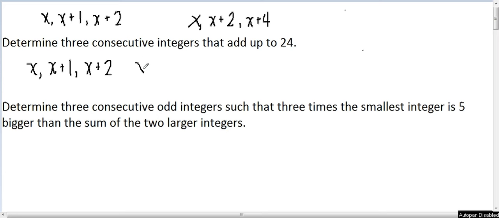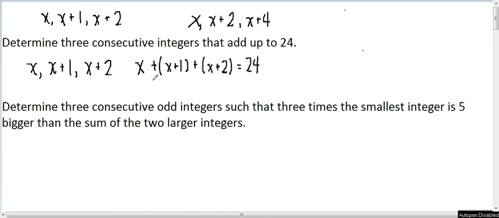So x plus x plus 1 plus x plus 2 is equal to 24.